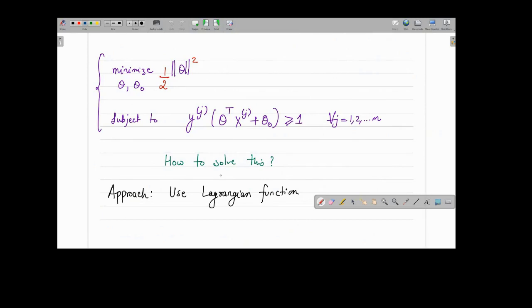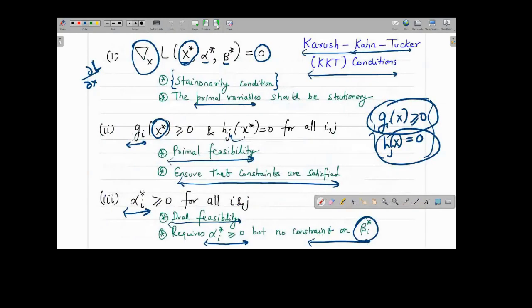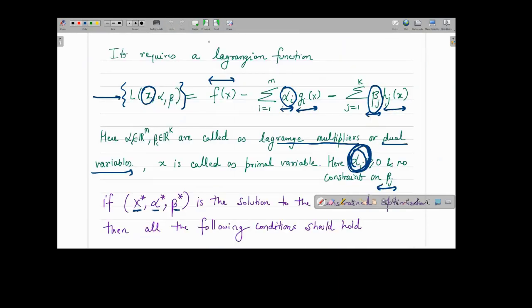Third condition. Yeah, the third condition is actually, if you see this alpha star, we are already using it in the definition of the Lagrangian. What I am saying is alpha star has to be greater than 0, right?